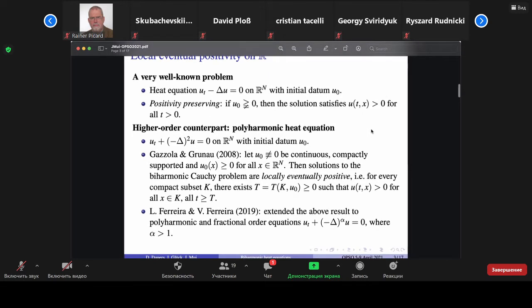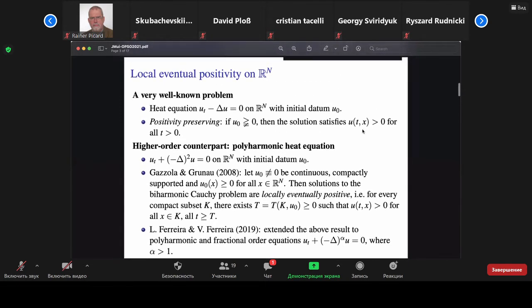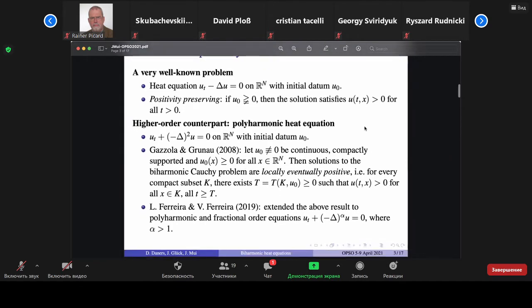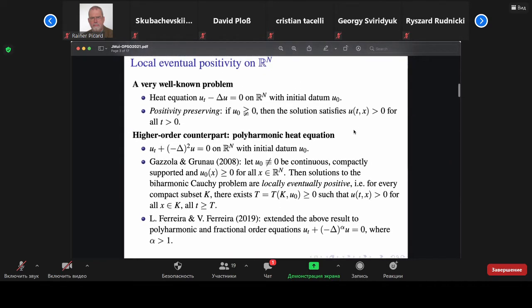But the situation is quite different when we look at the higher order counterpart. So now let's take a power of the minus Laplace operator. And this is what's known as the polyharmonic heat equation, even though I'm not sure if it has very much to do with heat diffusion anymore. So as the first higher order case, let's look at the biharmonic operator, so minus Laplace squared.